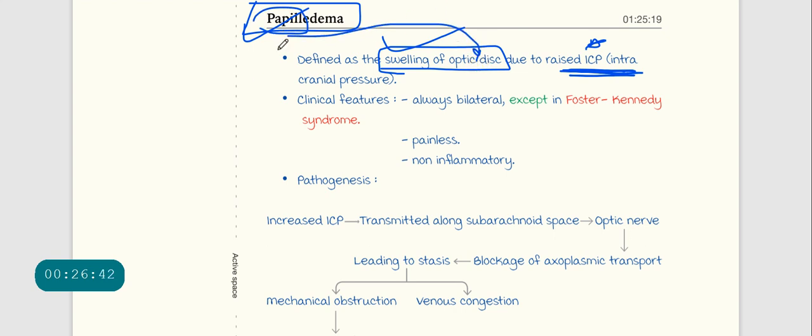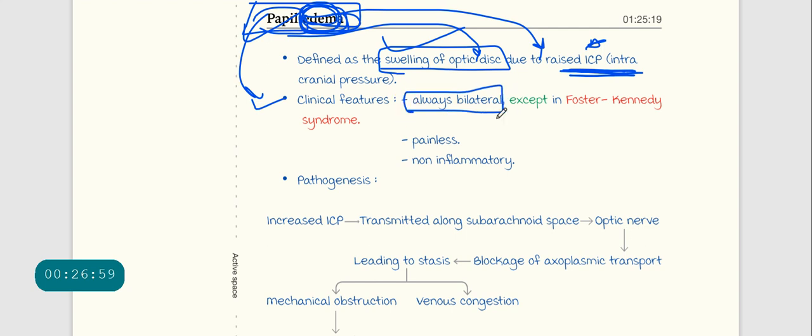So what are the clinical features of papilledema? It is always bilateral except in Foster Kennedy syndrome. It is painless, very important, because no inflammation is involved. That is why it is painless. What is the pathogenesis of papilledema?